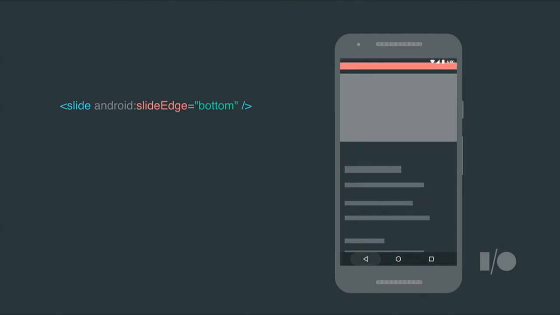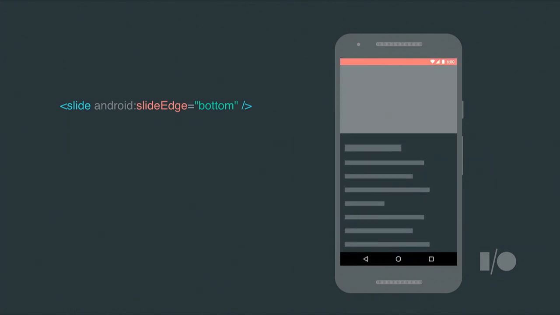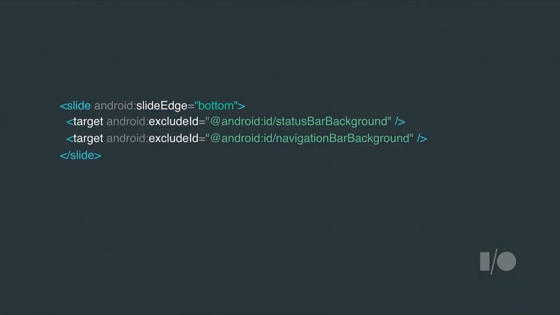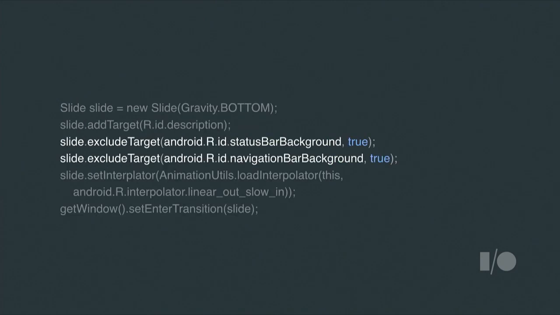So in order to avoid this, there's a couple of ways you can do this, but what you want to do is exclude both the status bar background and the navigation bar background. We provided IDs as well as transition names for those, so you can work with them. That is one of the ways that you can do it. Obviously, you can do this not just in XML, as we showed you before, but also within your code.